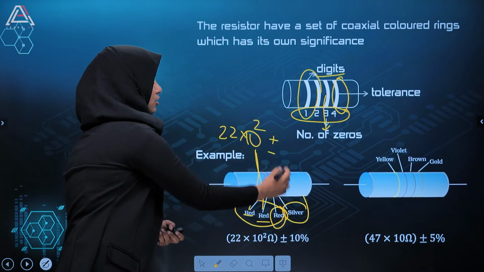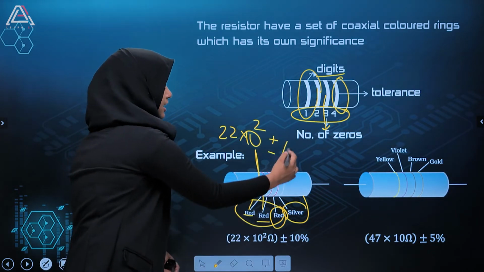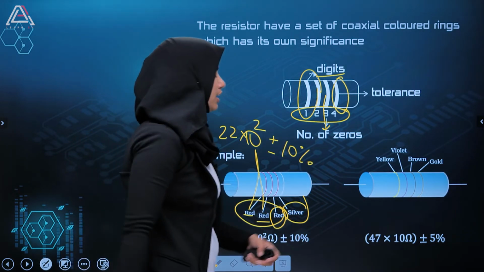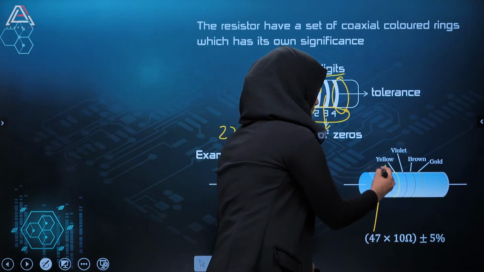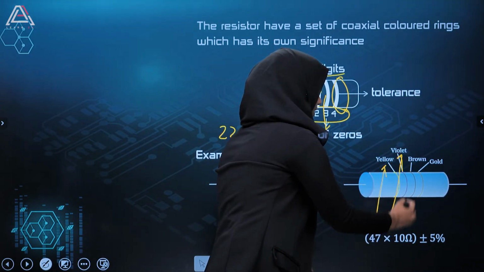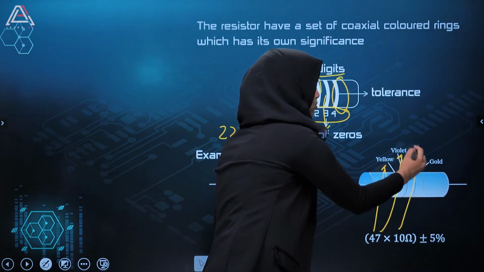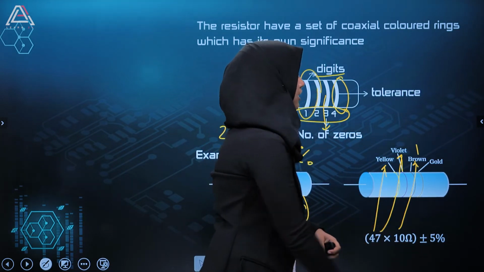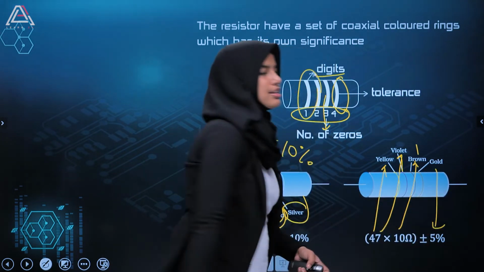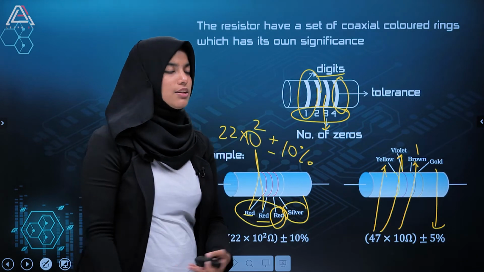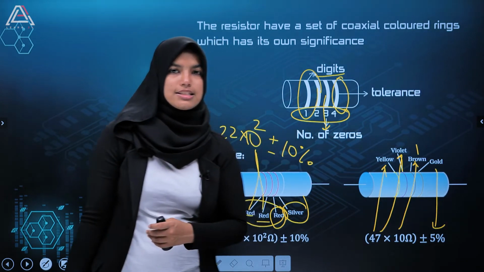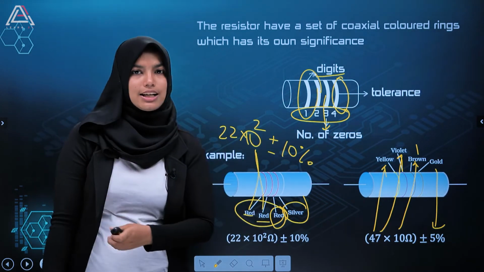Plus or minus, the tolerance level is silver, so it is 10%. Similarly, here yellow represents 4, violet represents 7, brown represents 1, so 10 raised to 1, and gold represents the tolerance level. So this is how we measure the value of resistance from this particular color code.